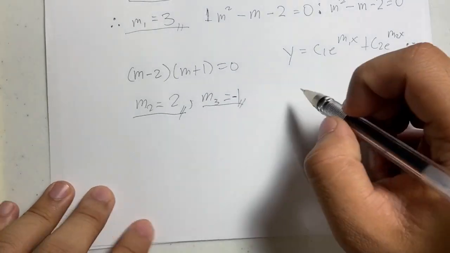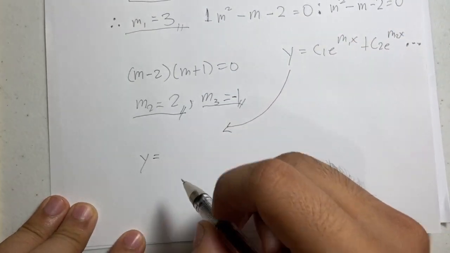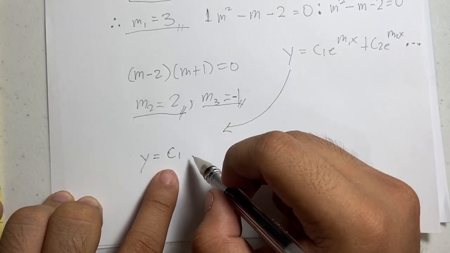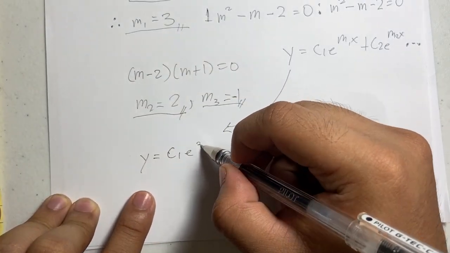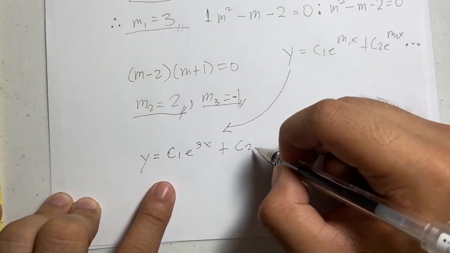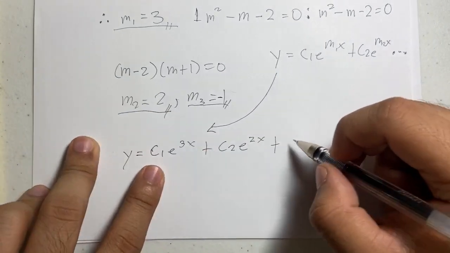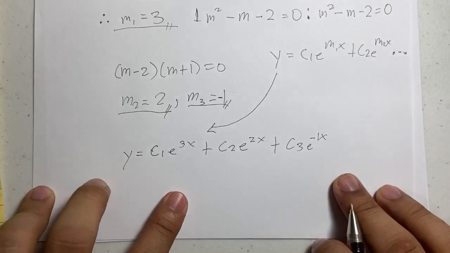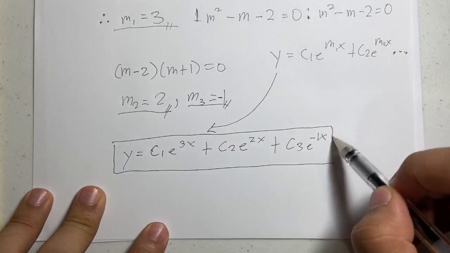So our final answer will be y equals c1 e raised to m1, which is 3x, plus c2 e raised to 2x plus c3 e raised to negative 1x. So this will be our final answer in number 1.